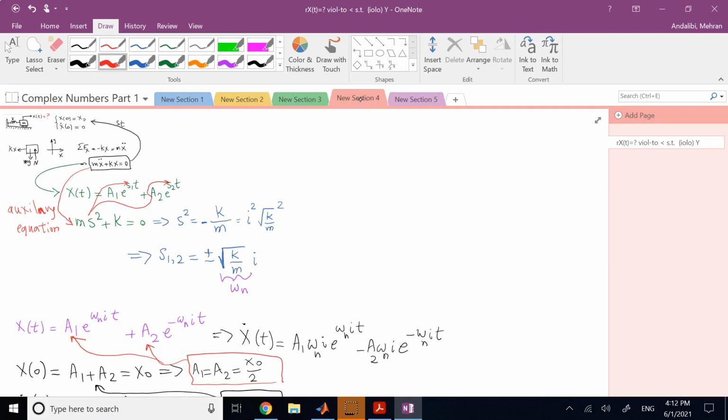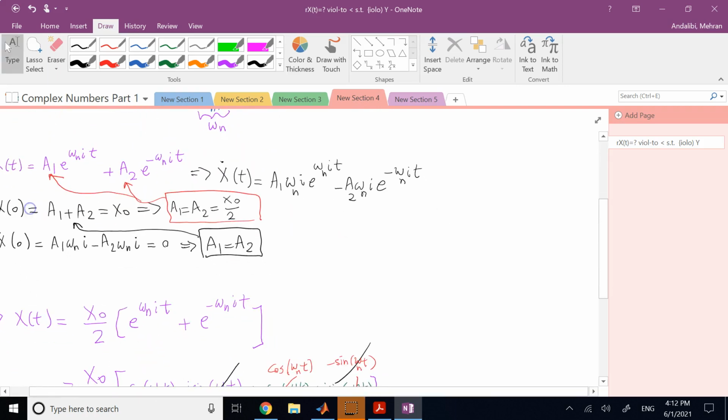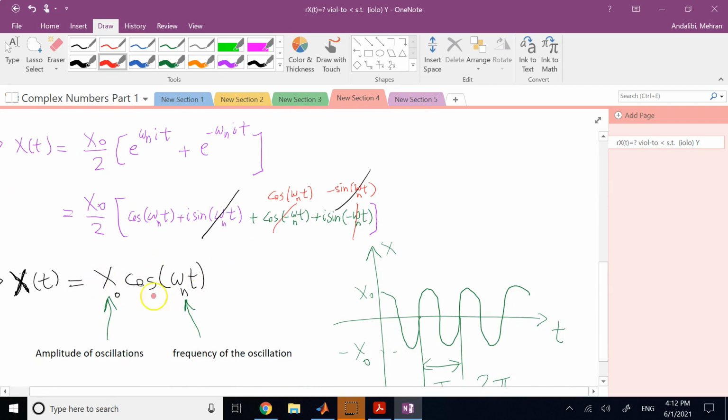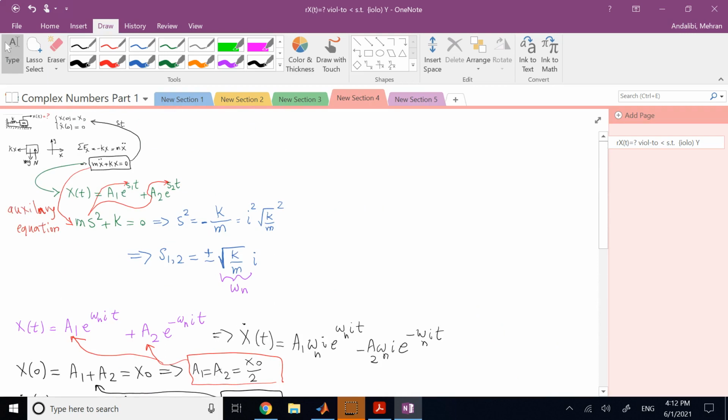If you see here, although initially I have i in these terms, but when I applied initial conditions and simplified, there is no i in my solution, because remember, i's are imaginary.